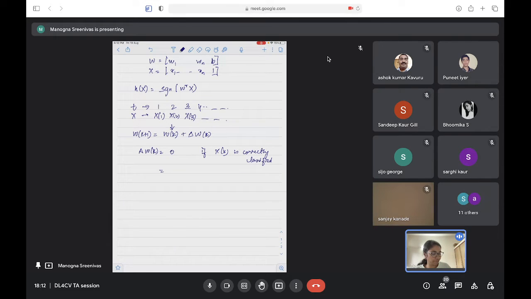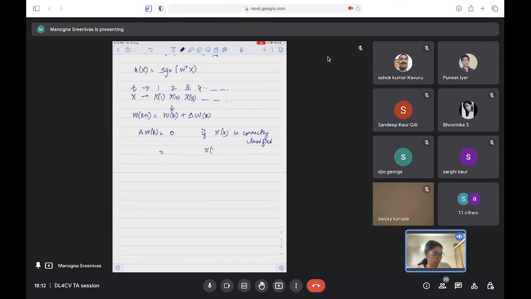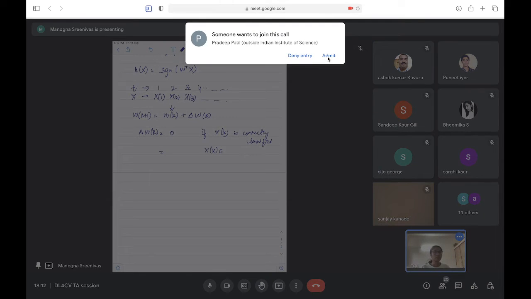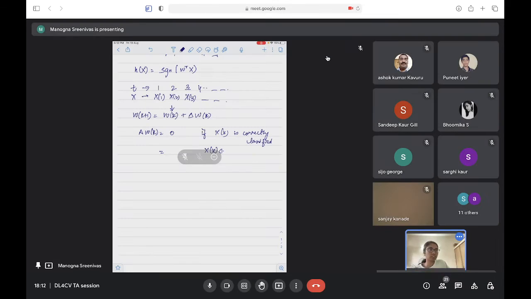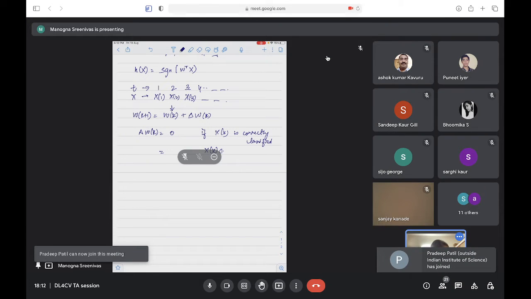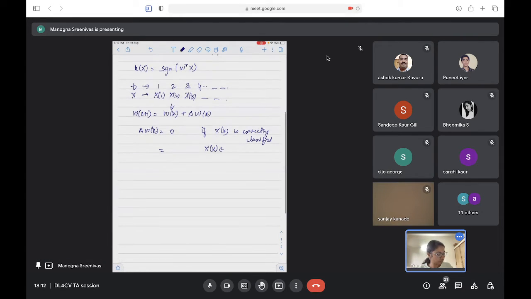But say if my x of k belongs to class 0, and my algorithm returns my h of x predicts it as class 1.